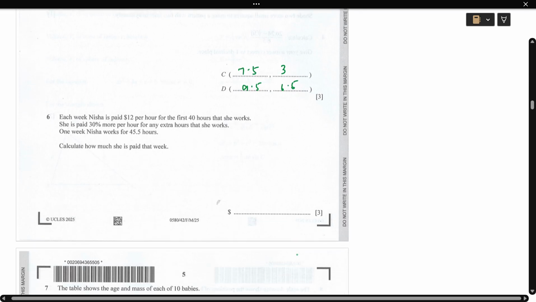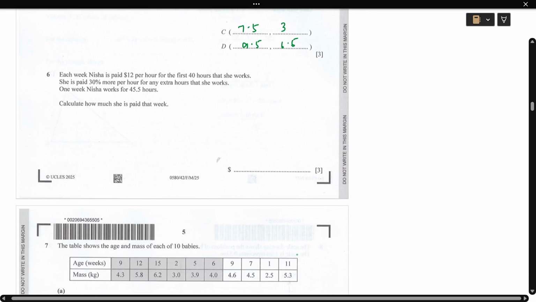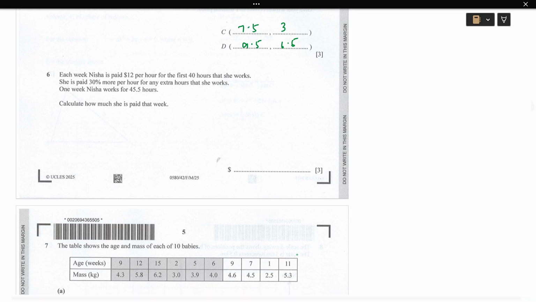Okay, so let's go to the next question. Each week Nisha is paid 12 per hour. First 12 per hour for the first 40 hours. Next she is paid 30% more for extra hours she works. One week Nisha works 45.5 hours.